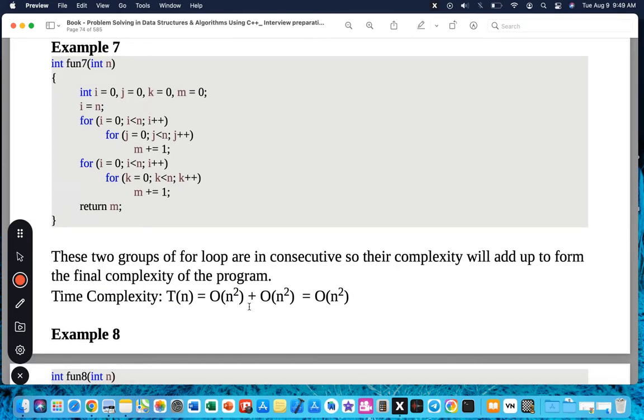Example 7. We have the fun7 or function 7, another method, and we are also passing the n variable, and we have the i, j, k counters, and now the starting point for i is n, not 0.